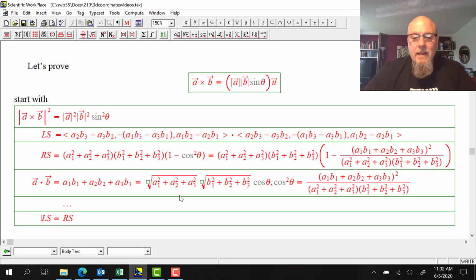Put a piece in here. Left side is going to be this. So first times first, let's write this out a little bit. The first and the first are the same. So first times first, plus second times second.